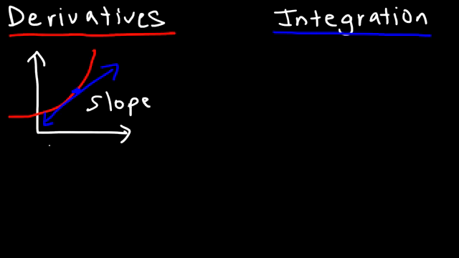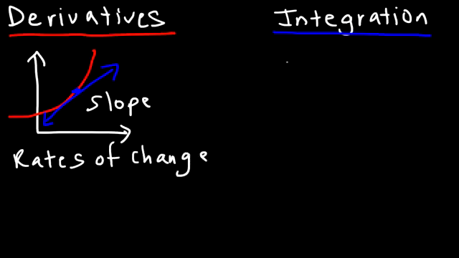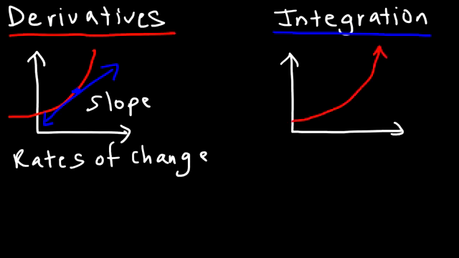So derivatives are useful for calculating the instantaneous rate of change. Now, when dealing with integration, this will help you to determine how much something accumulates over a period of time, whereas derivatives will tell you how fast something changes per unit of time.